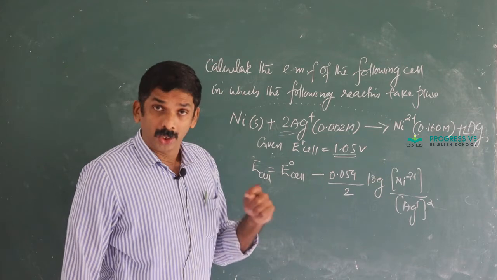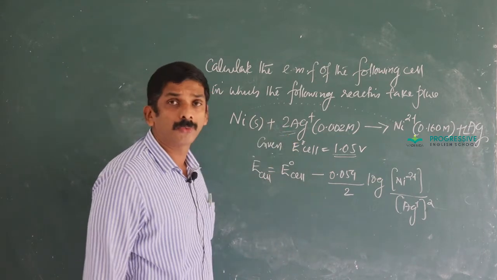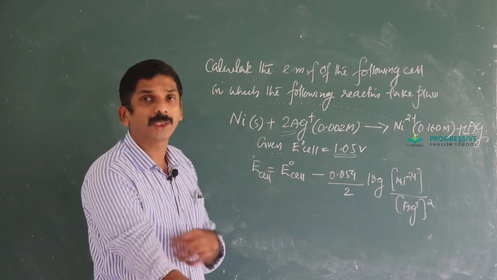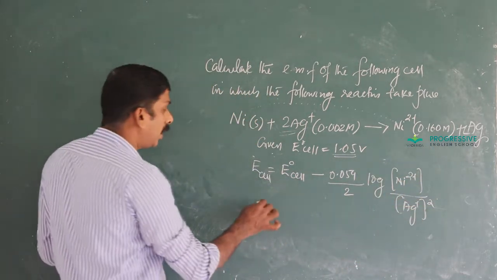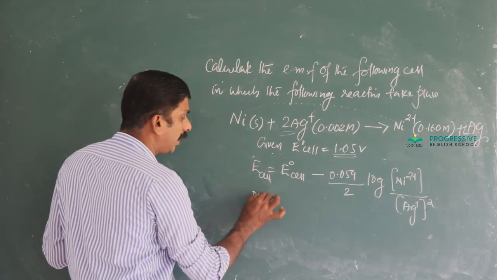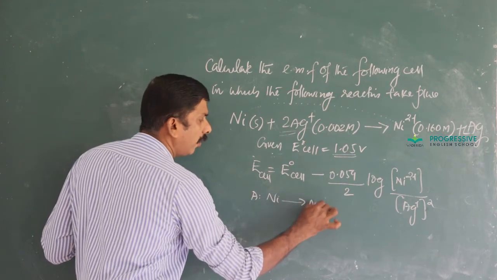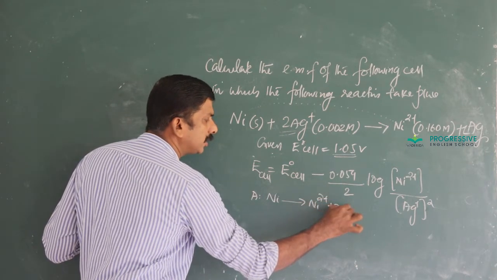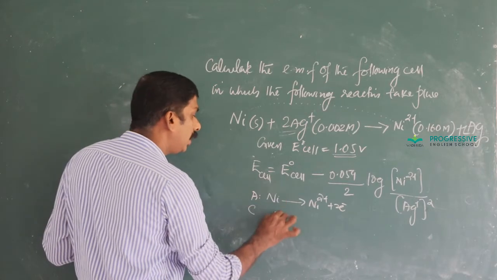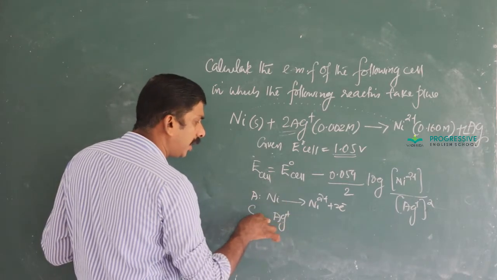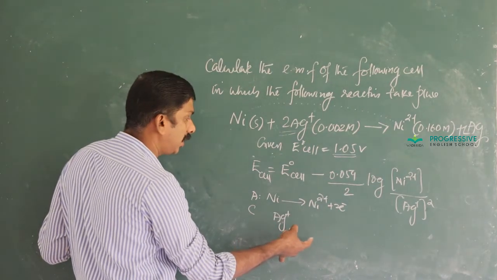And if you have a doubt regarding why we use 2 moles of Ag plus, it is in order to equalize the number of electrons. If you write the electrode reactions separately, at the anode, nickel always undergoes oxidation: Ni gives Ni2 plus plus 2 electrons. At the cathode, simply Ag plus plus 1 electron gives Ag.